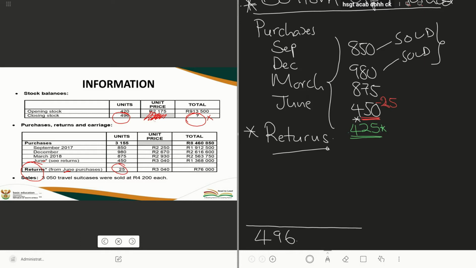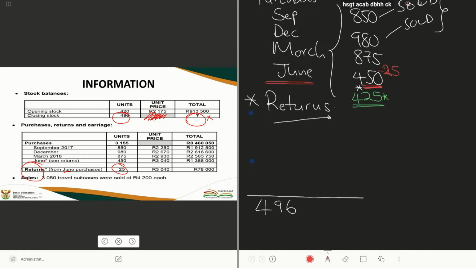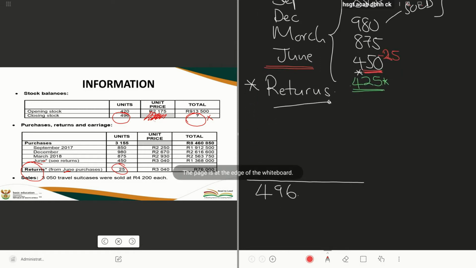What, therefore, does that mean? We're going to look at the last purchases. Which one is the last purchase? Our last purchase is June. We'll look at the recent purchases. Boys and girls, if I need to have 496 units at the end, I will now look at the recent purchases. And my recent purchases are 425.